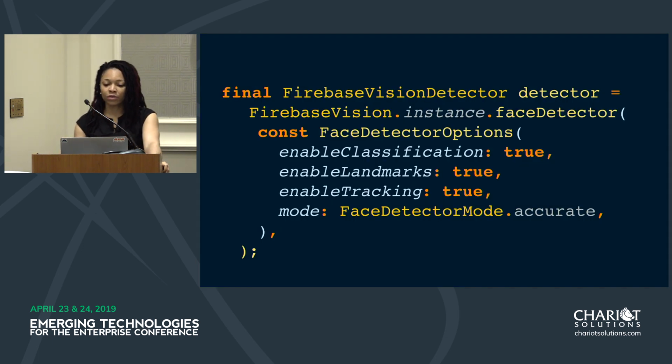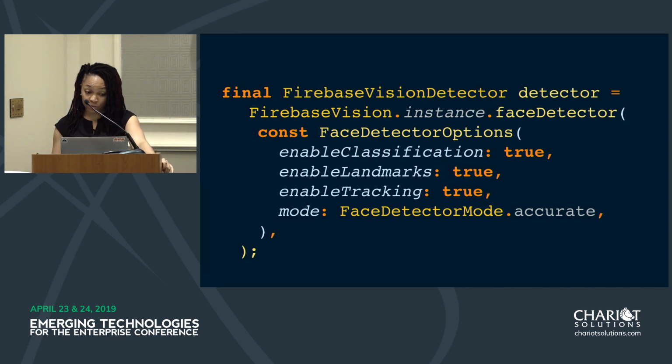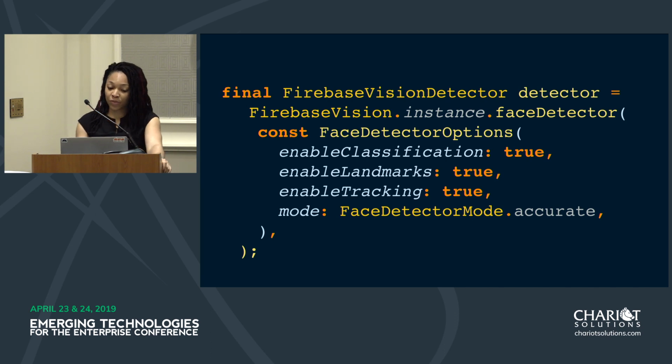So here's the code for it. It's the same as the previous one. It's also 3 lines. And this one, I already have my vision image, but I'm calling my face detector, and I have certain options that I set for it. So the first line says I have my detector options, and I have classification enabled, I have landmarks enabled, I have tracking enabled, and I have set the mode to accurate.